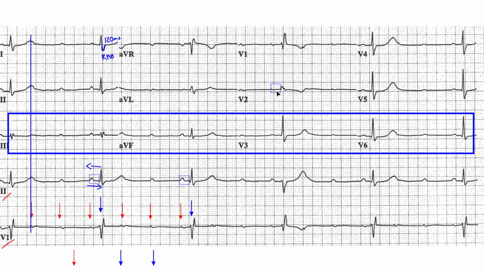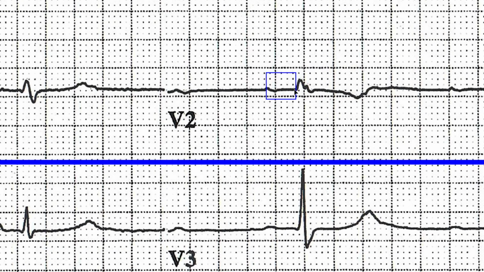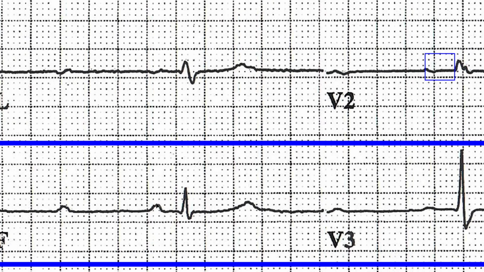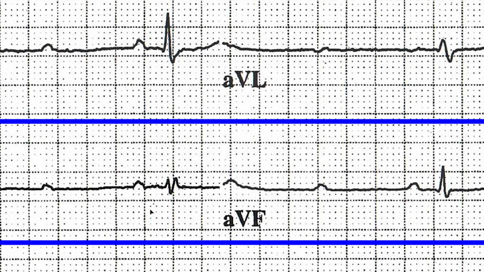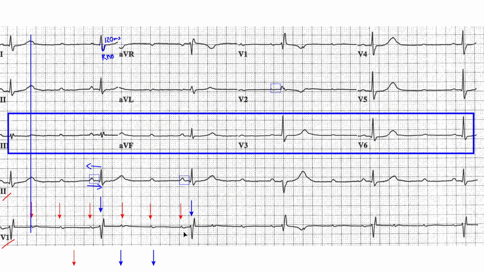However, this is still close enough that I can say that yes, this P wave is agitating the ventricle into contraction. And I can say the same thing over here, and I can say the same thing over here. So there is a correlation here. That correlation in this case happens to be 3-to-1.